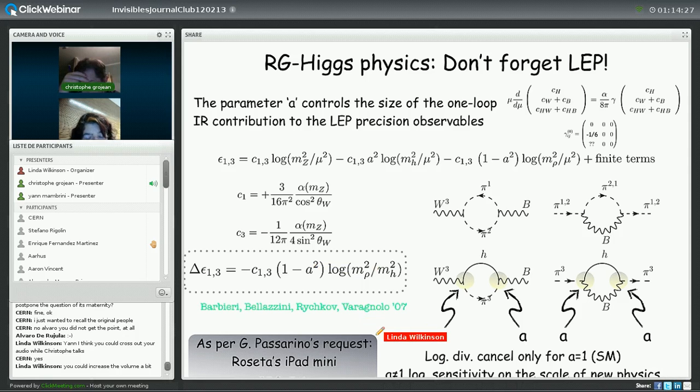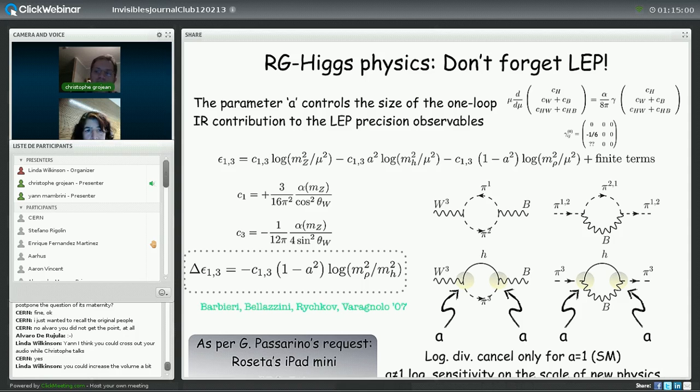First of all, this particular anomalous dimension hasn't been computed yet. The one you are referring to would be the mixing of some operators into CT. It hasn't been computed, but I don't think it can give you a very large effect like the one you need, a 100% effect in shifting the coupling, simply because you will need a very large log to have some sizable effect. But if the log is large, this means that the scale of new physics is very large.